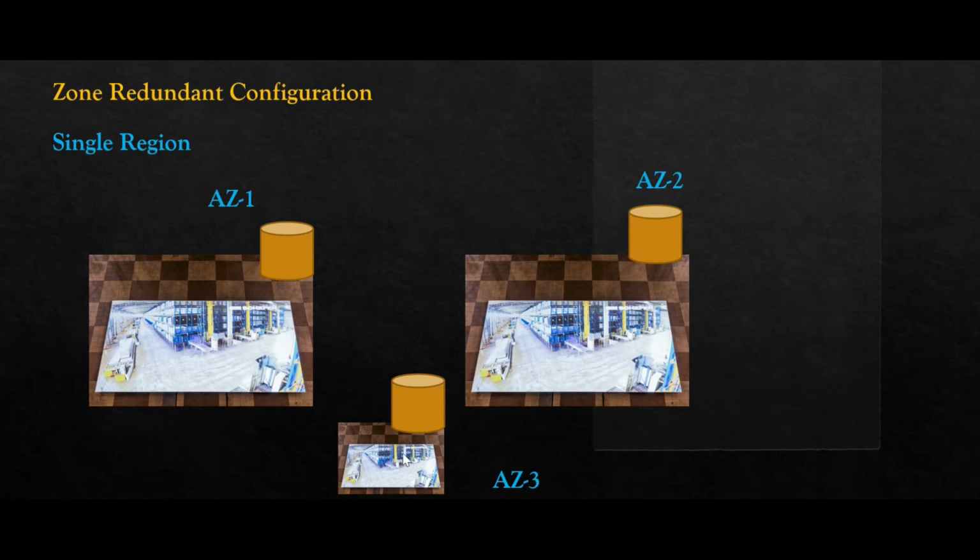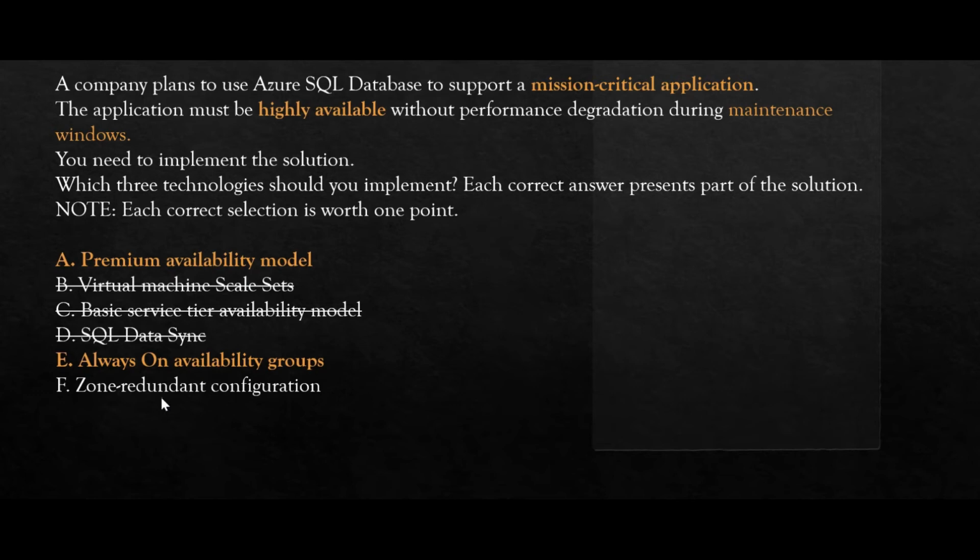So that way, the downtime will not be there, and this is an absolute must for a highly business critical application. So we get option F. This is our third answer. So here we get all 3 answers. We lock this. A, E and F are the right answers.